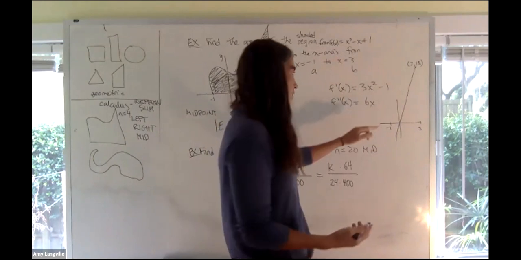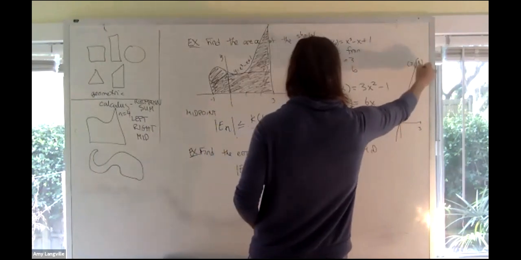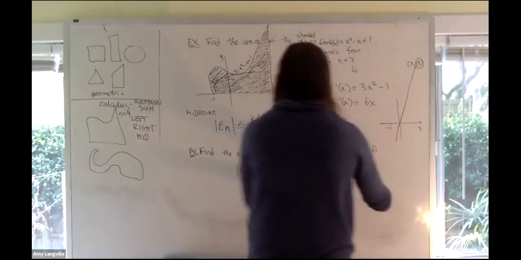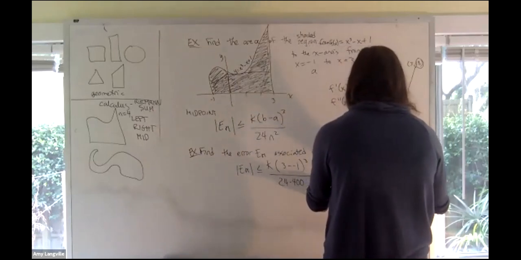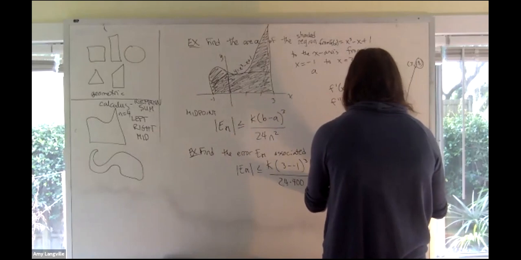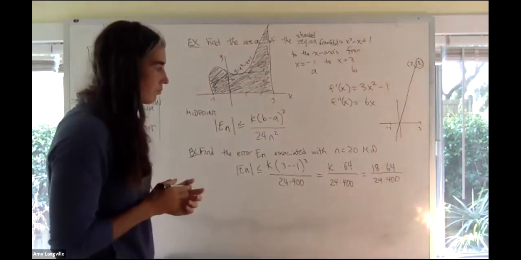So the biggest value, that's the K. K becomes this 18, and that comes down here as your K. It's the bound on the second derivative, the maximum value that your second derivative would ever have on your interval from a to b.